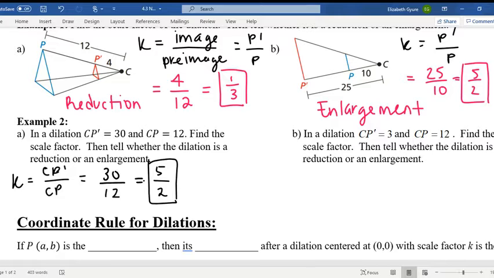Is that between 0 and 1 or greater than 1? Greater than 1, so enlargement or reduction? Enlargement. And I'd like you guys to try out part B for that one. So find your scale factor, decide whether it is an enlargement or a reduction.